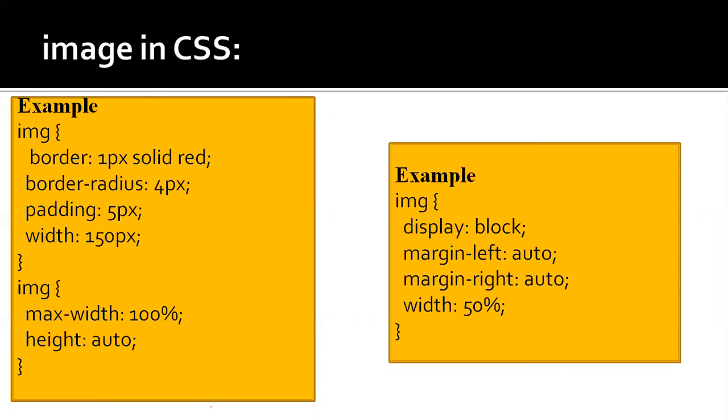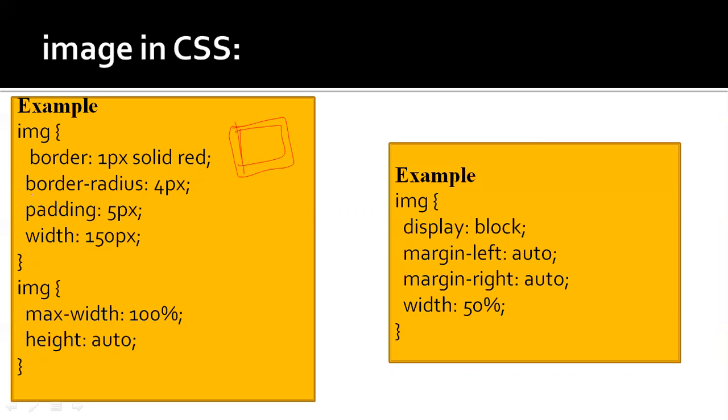The next CSS properties are associated with images, as img. Border of the image is 1 pixel solid red. If I write only border 1 pixel solid red, it means the border of this image will be in rectangular form.